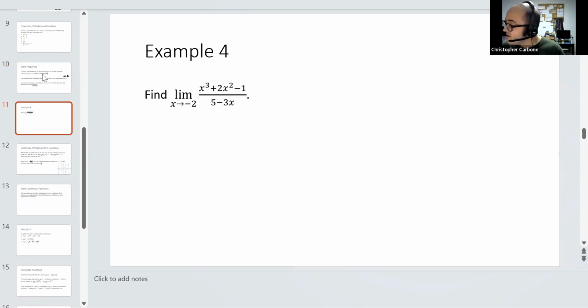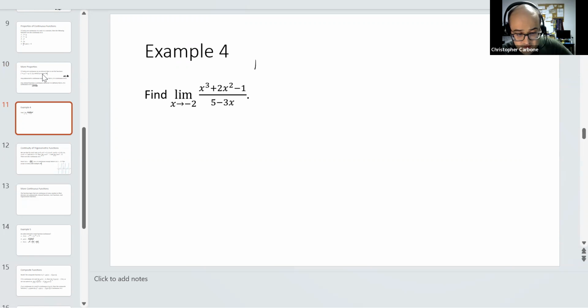So to continue with the examples, we have example 4. We want to find the limit as x approaches -2 of x cubed plus 2x squared minus 1 divided by 5 minus 3x.